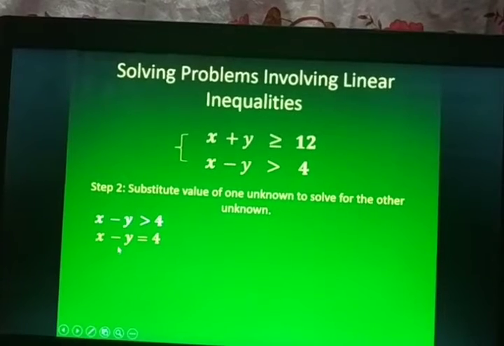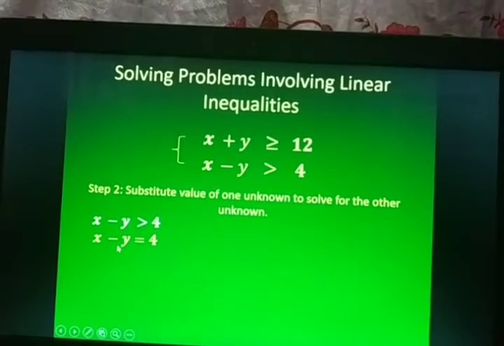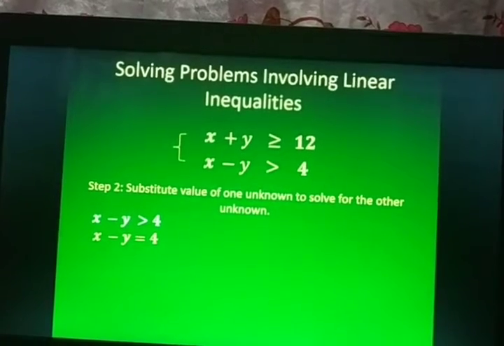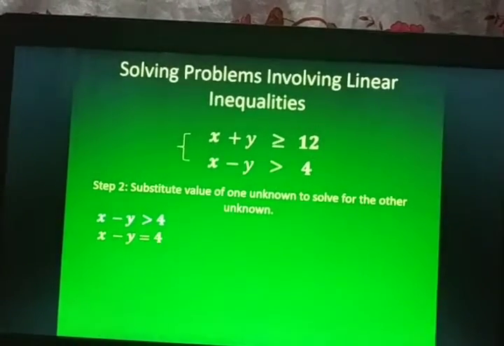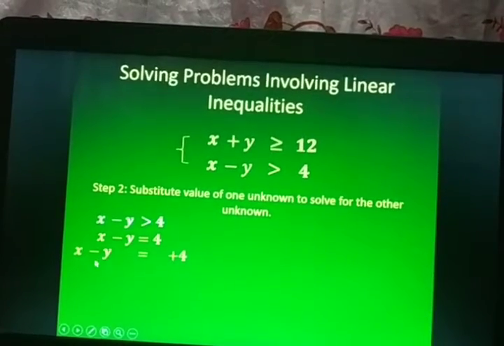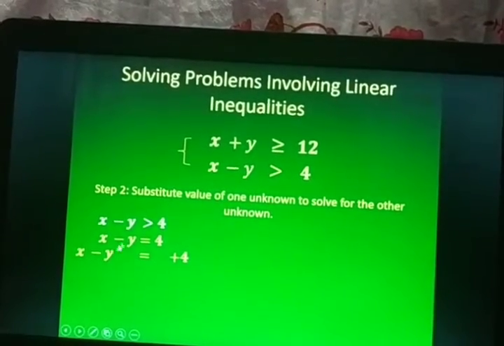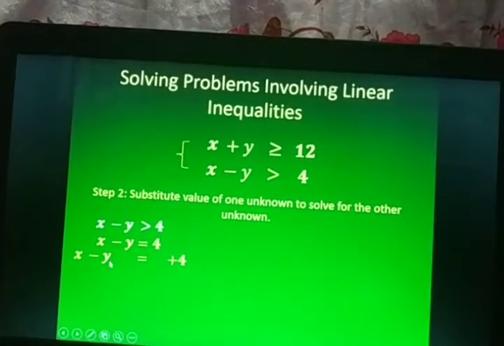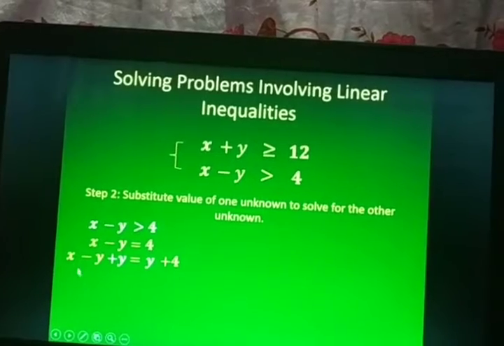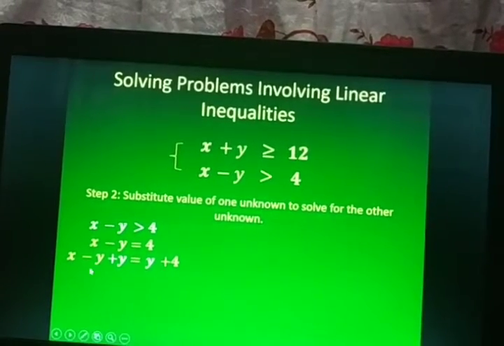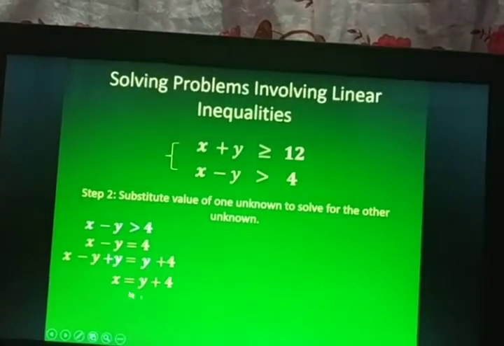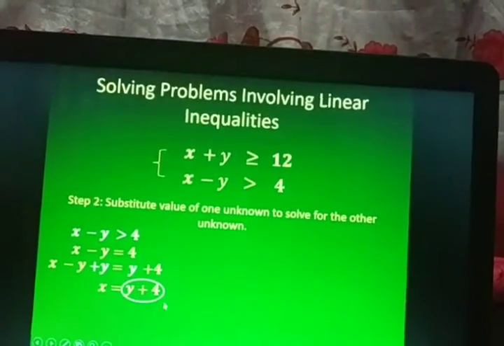And then, I wanted to have ang variable ng isa mabilin. And so, si x na lang, no? Okay, x. Now, class, we'll add the additive inverse of negative y, that's positive y, to both sides of the equation. So, we'll have positive y. Then, what will remain is x, because negative y plus y is 0. So, x equals y plus 4. There you go. The value of x is y plus 4.